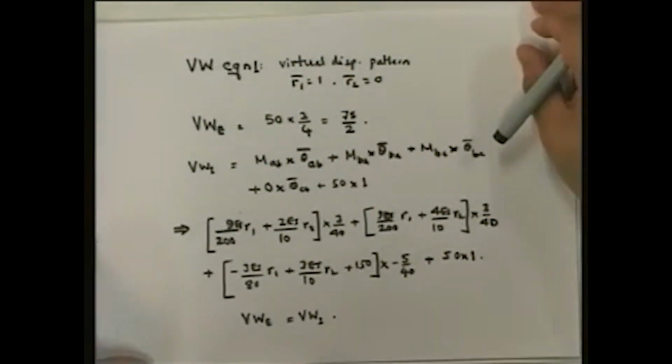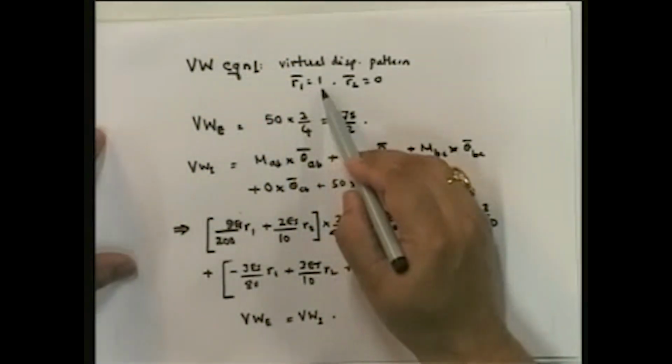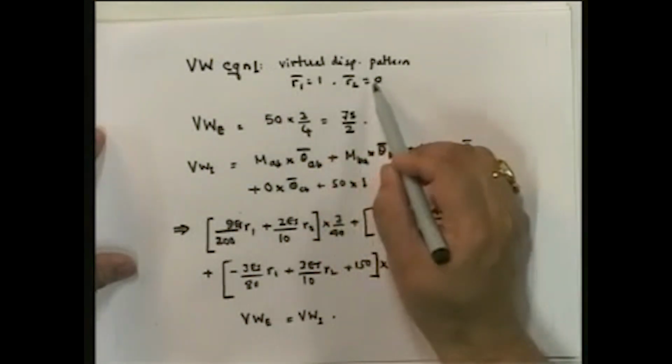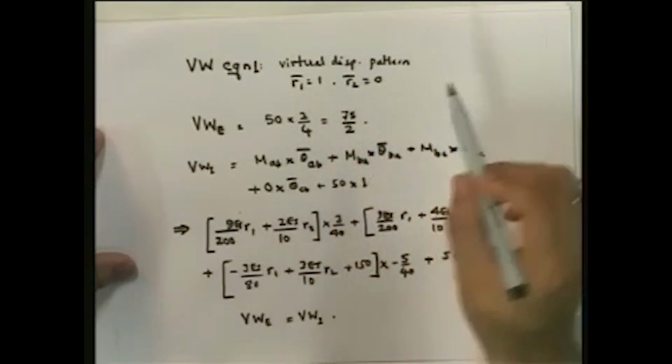We have two unknown displacements, and therefore we essentially need to write down two equations. For the first equation, the virtual displacement pattern is R1 bar equal to 1 and R2 bar equal to 0. The bar indicates that they are virtual.